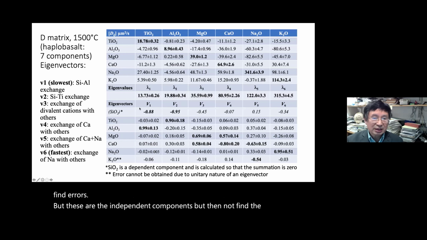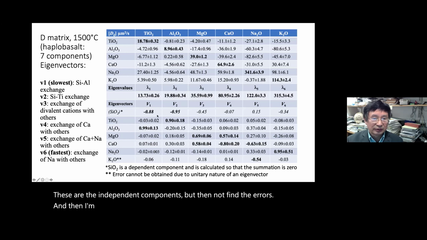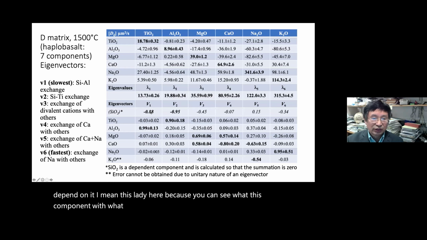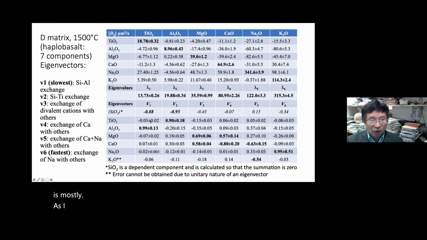And then I'm listing SiO2 here, even though it's treated as a dependent component. I'm listing it here because then we can see what this eigenvector means. For example, this eigenvector is mostly SiAl exchange, and the other components are kind of tiny.